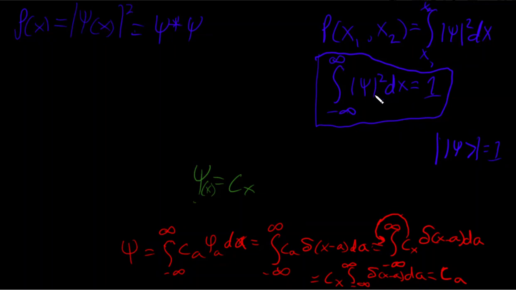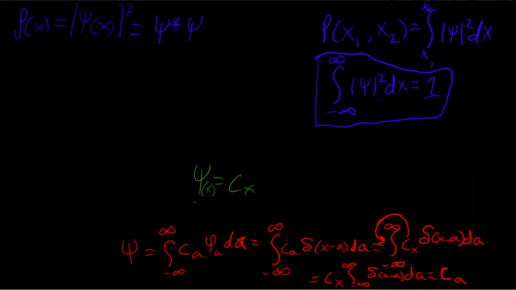That's sort of what we're doing here. And if you think about it, this does make sense that this is a norm. We're adding up psi norm squared for all possible values of x, just like when we're adding up each component of psi squared, or norm squared.